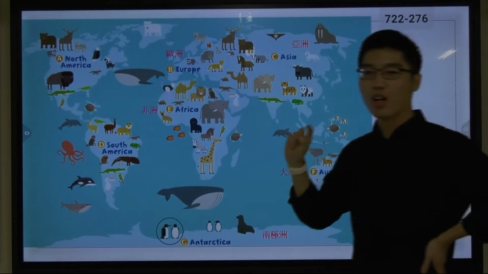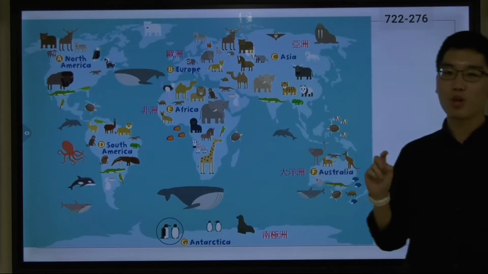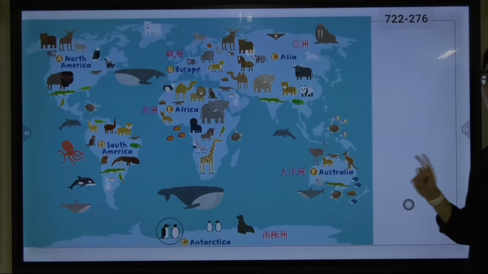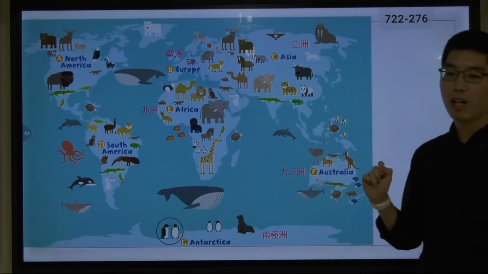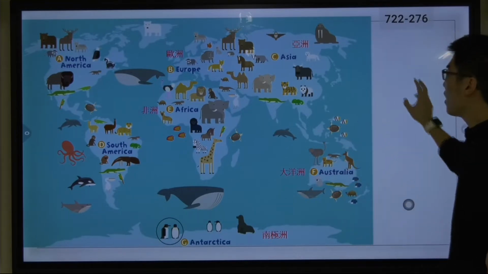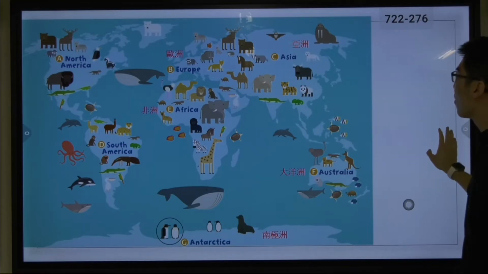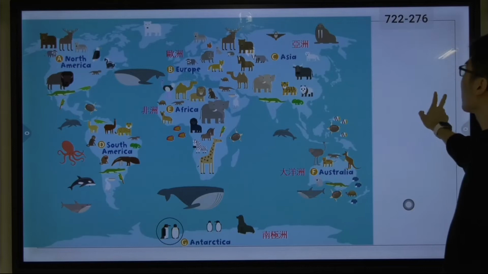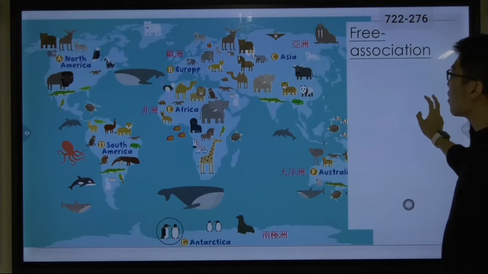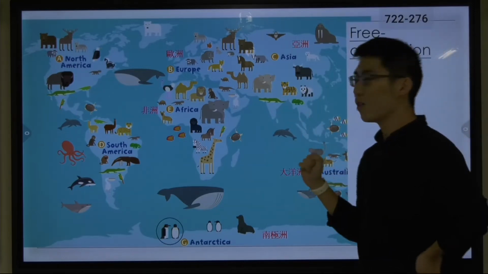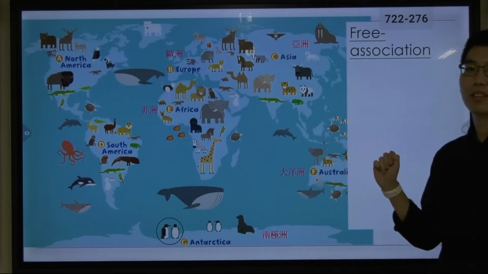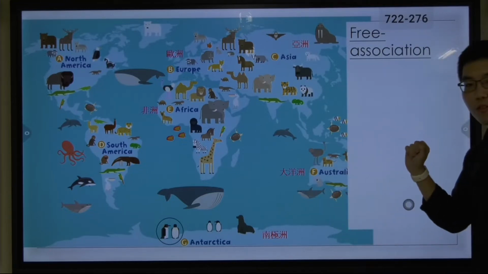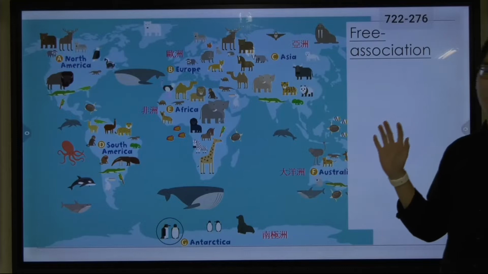Now you can turn to your textbook, Unit 2B, page 2. We can see this picture. We are going to teach where animals live. In this picture, think about what you can see. I give you 5 seconds.